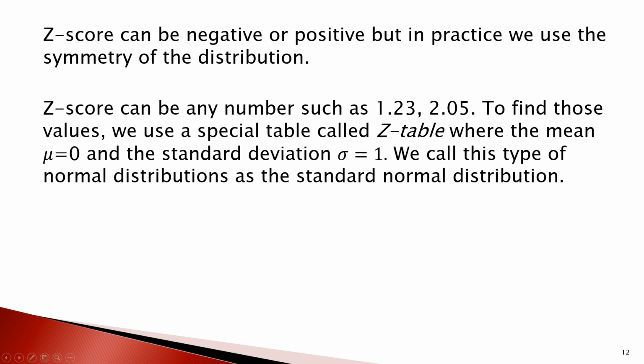Okay, and we call this type of distribution a standard normal distribution. It's a normal distribution, but it's standard. Okay, whenever we have a standard normal distribution, even if we don't explicitly say that, the mean is gonna be 0 and sigma is gonna be 1.